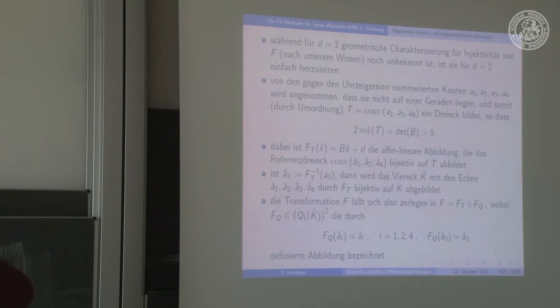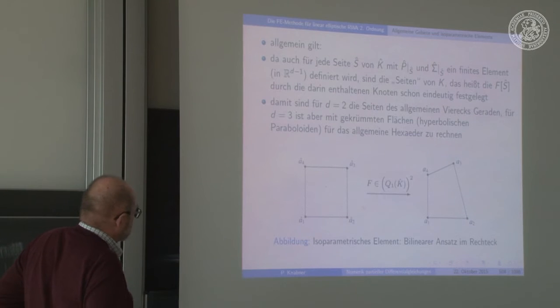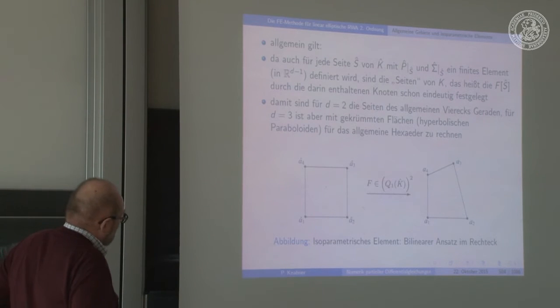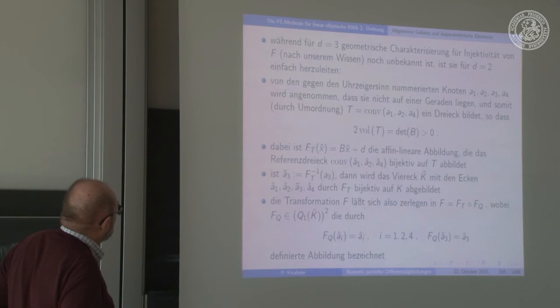Okay, let's collect a few things about these quadrangles. So we have 4 nodes, A1, A2, A3, A4 in counterclockwise order, and here the corresponding reference nodes in the reference element.